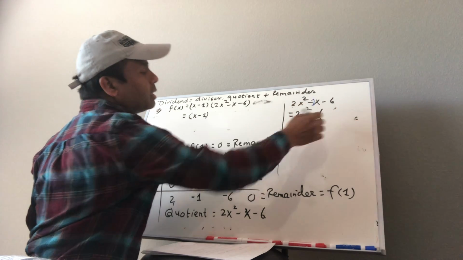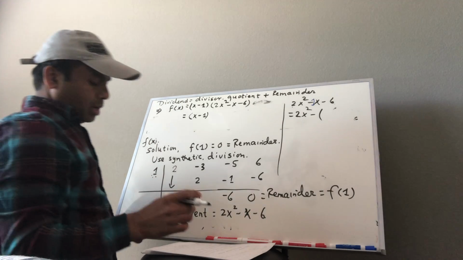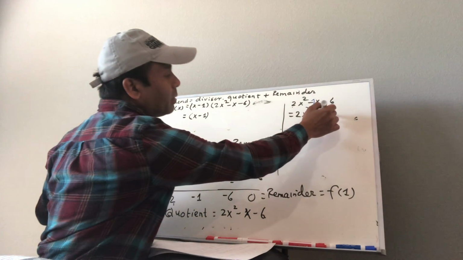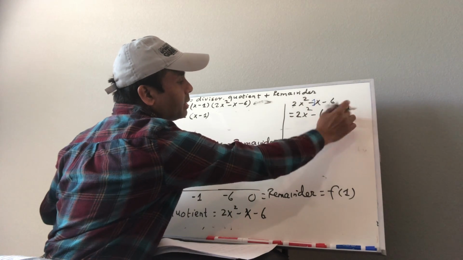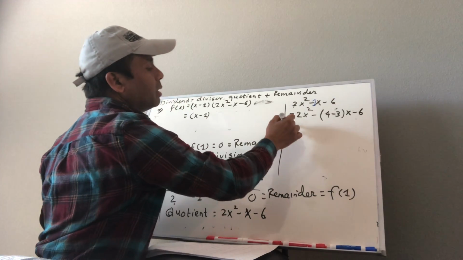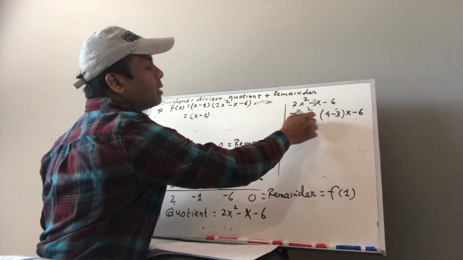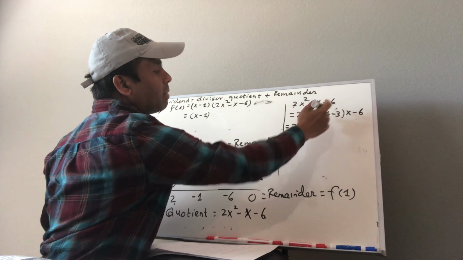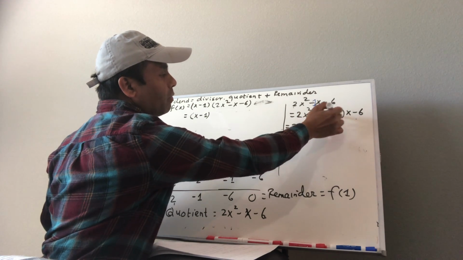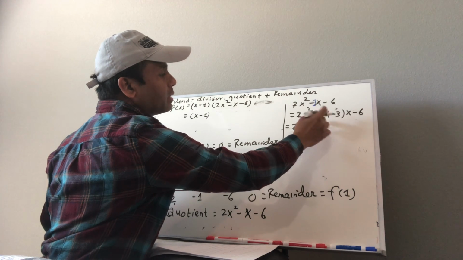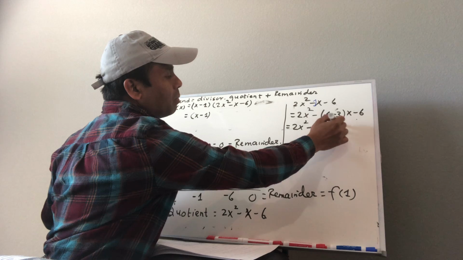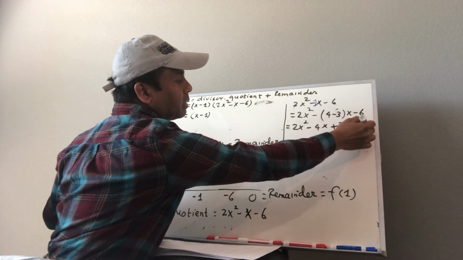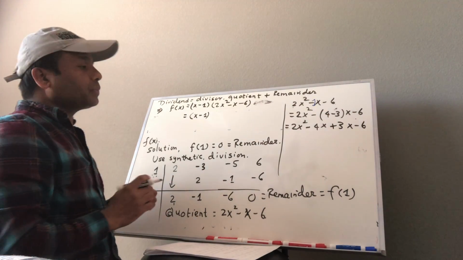So this is going to be 4 and 3, right? So you write down 4 minus 3, because 4 minus 3 is 1, and then minus 6. So this is 2x squared. You distribute this x, negative 4 times x, negative 4x. Negative x times negative 3 is positive 3x, minus 6, right?